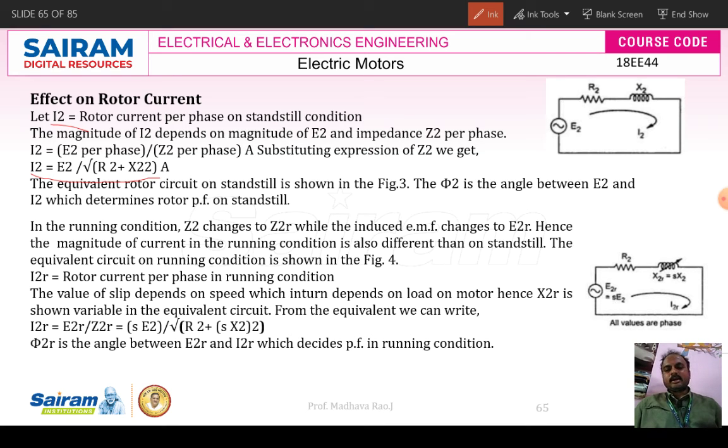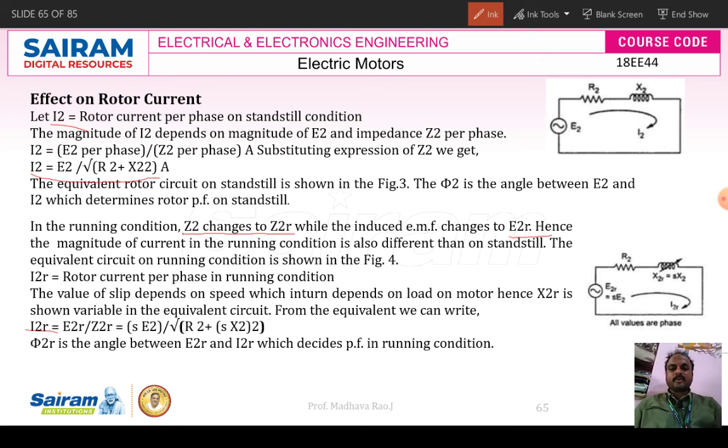Similarly, at running condition, Z2 will become Z2R, voltage E2 will become E2R, and rotor current I2 will become I2R. So I2 is the standstill current, I2R is the running current.